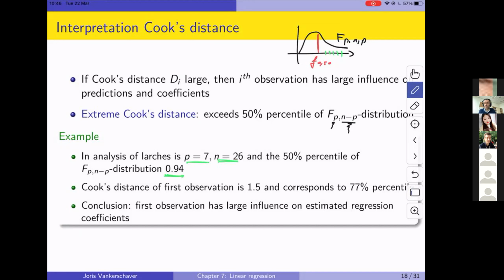And if we look at the Cook's distance of the first observation, remember that one also had high leverage, then we find 1.5, which is obviously larger, and corresponds to the 77% percentile. So what does that allow us to say? Well, it allows us to say that first point, yes, that is a point that has a large influence on the regression coefficients. If we omit that point from our analysis, our regression is going to change by a lot. That's what Cook's distance tells us.